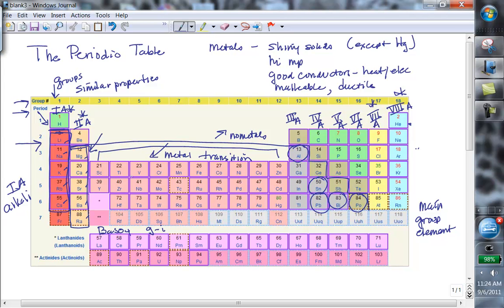And some of the ones that should be familiar to you are titanium, chromium, manganese, iron, cobalt, nickel, copper, and zinc. And especially these metals in this group are metals that you may have heard of. They're commonly found as elements rather than, for example, sodium, which is so reactive that you never find elemental sodium. You're always dealing with a sodium compound.